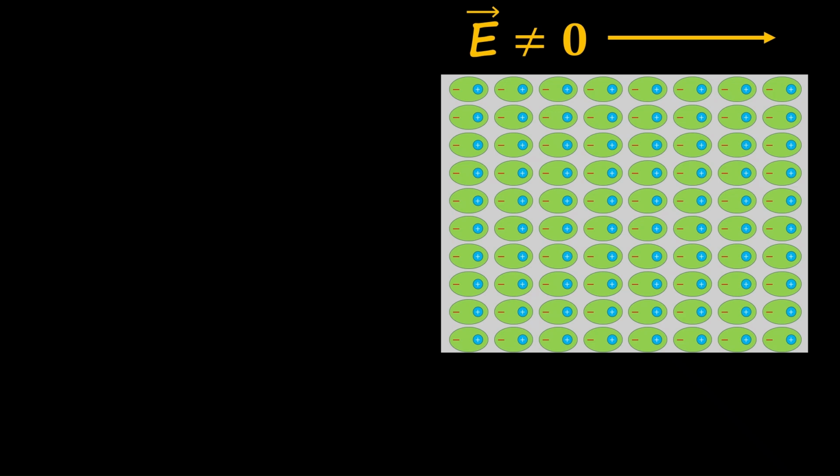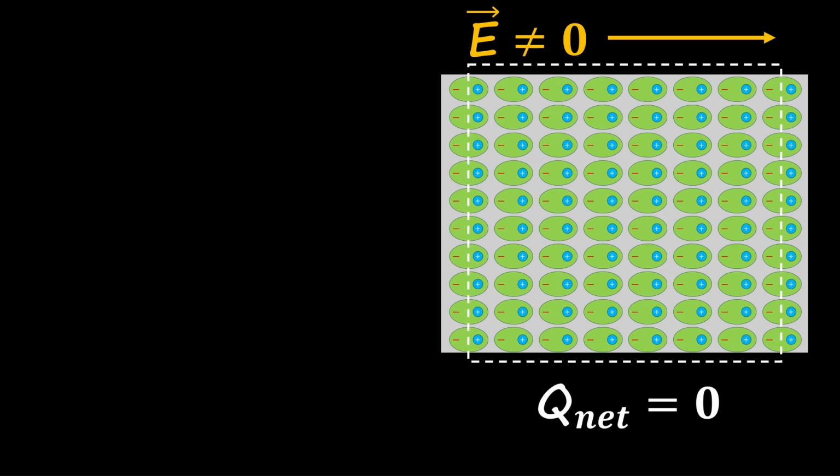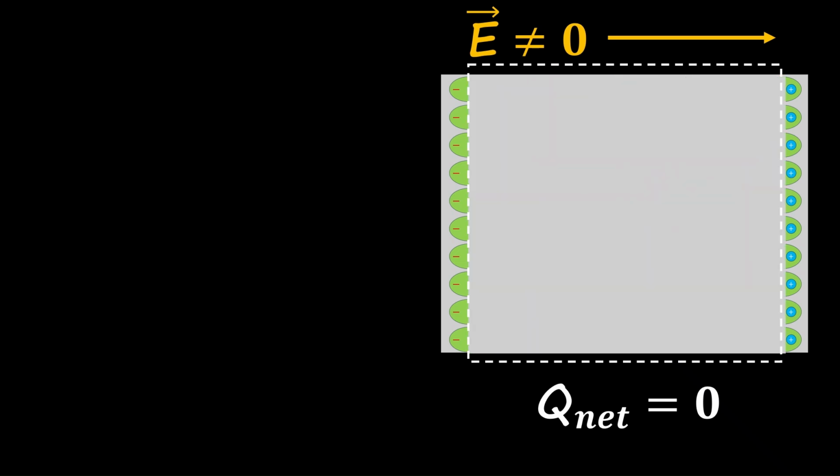Now, if you consider this portion, you can see that the net charge inside this dashed portion is 0. Let us exclude this net zero charge portion of the dielectric medium. So when I exclude this, we can see that on the surface of the dielectric medium, there is an induced charge.